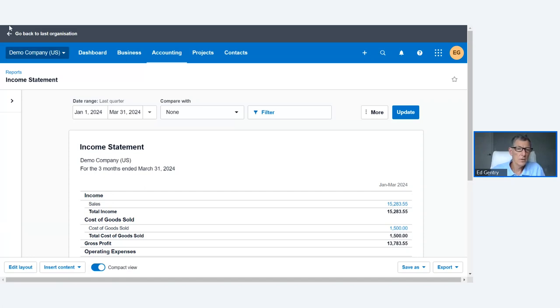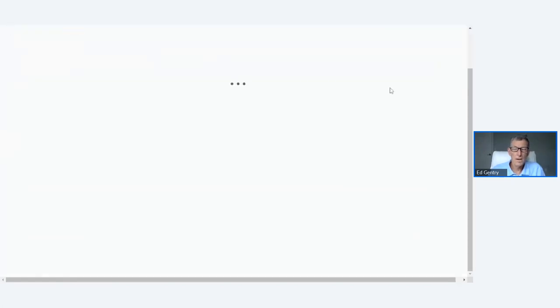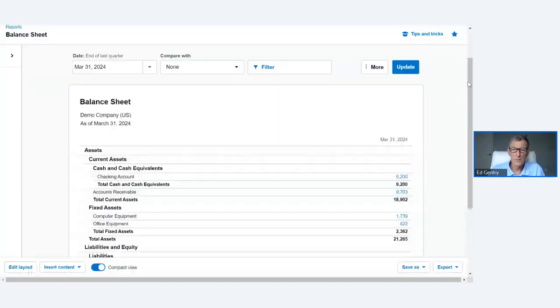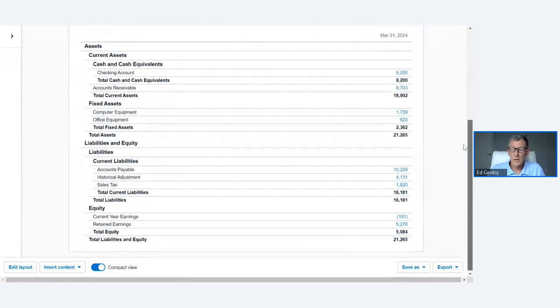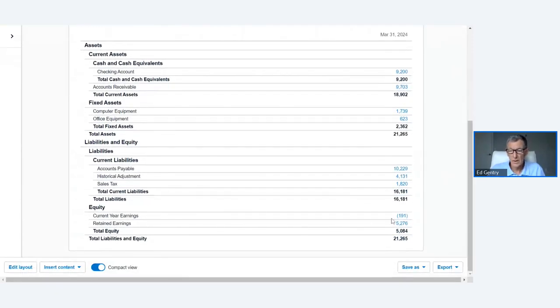So let's go back to the balance sheet and continue on. So we've taken that number, the current earnings, which is negative 191, and that leaves retained earnings of $5,276. So retained earnings would be earnings that have accumulated over previous periods, and you've retained those earnings.